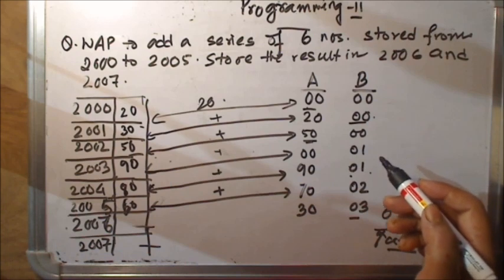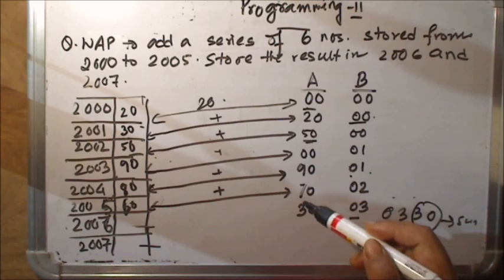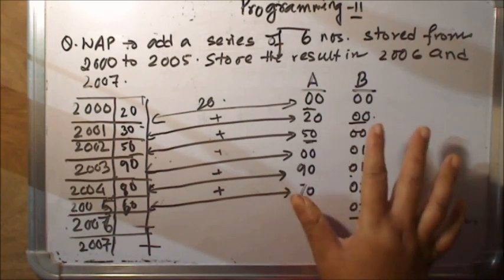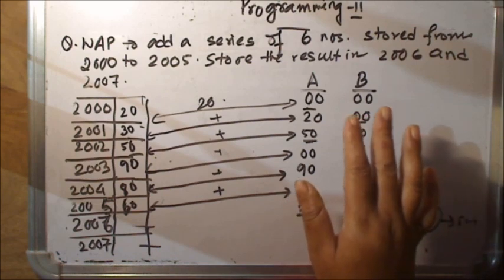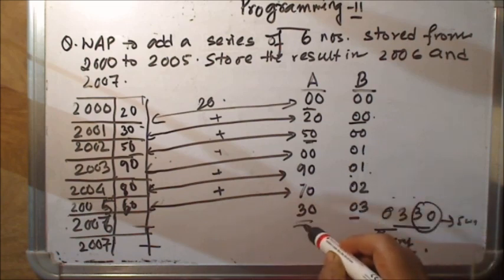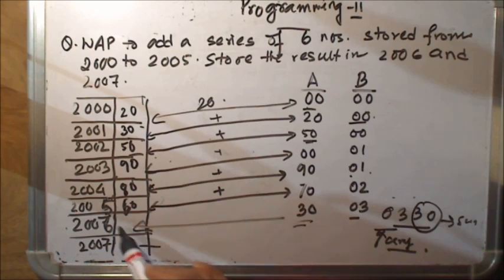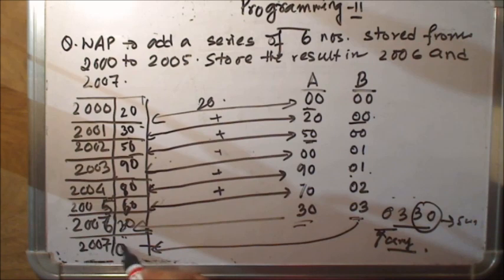Remember one thing: for your better understanding, I am showing you the numbers in decimal, but the processor will give you the answer in hexadecimal. So 38 is the lower byte, which is in A, and from register A we will copy this number into 2006. And 03 is the higher byte, which is in register B, and we will copy this number into 2007.